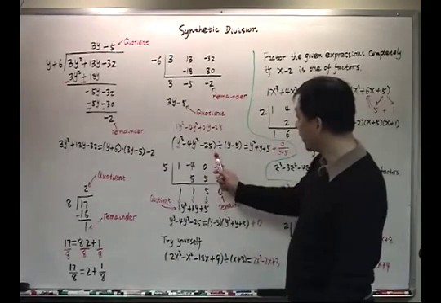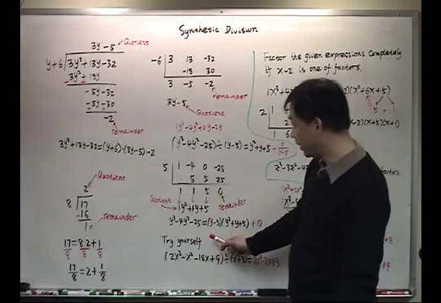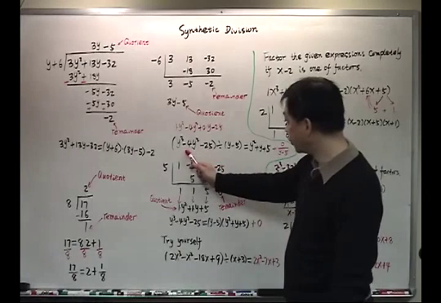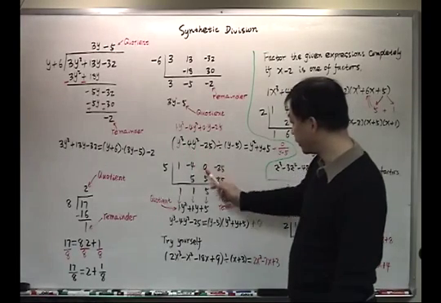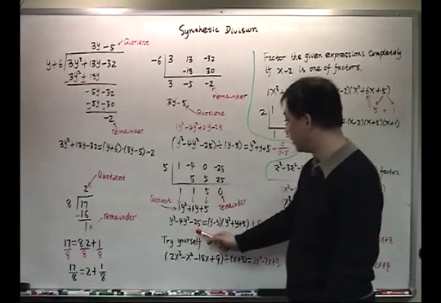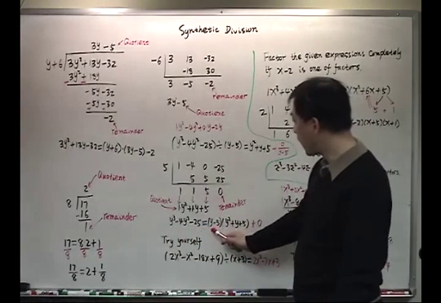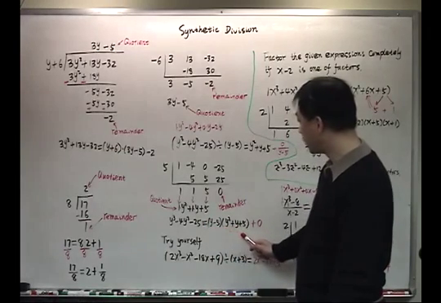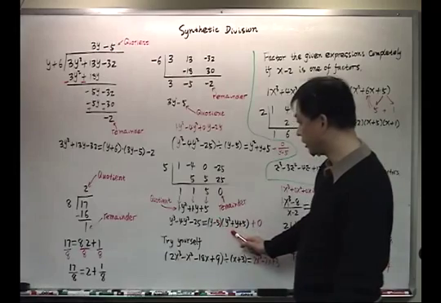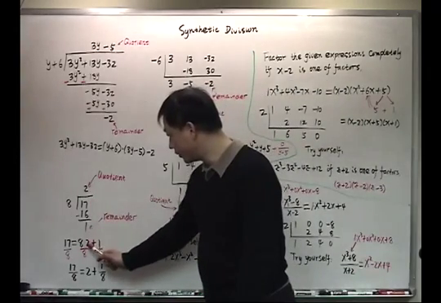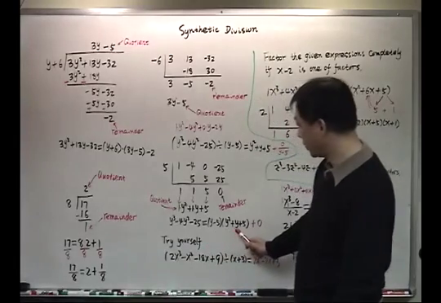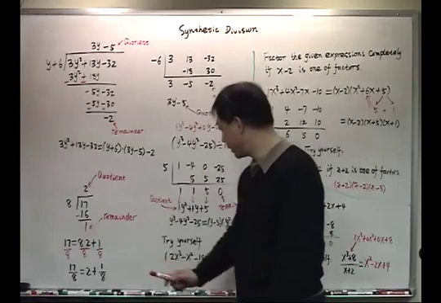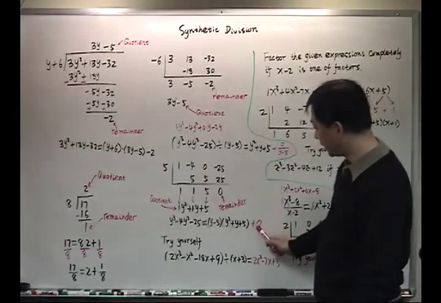So here you have the dividend y cubed minus 4y squared minus 25, and then the divisor y minus 5 times the quotient. This is the quotient, and here 2 is the quotient. Times the quotient, plus remainder, 1 is the remainder, here 0 is the remainder.